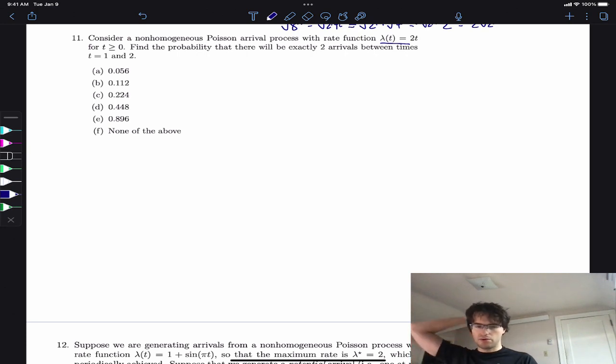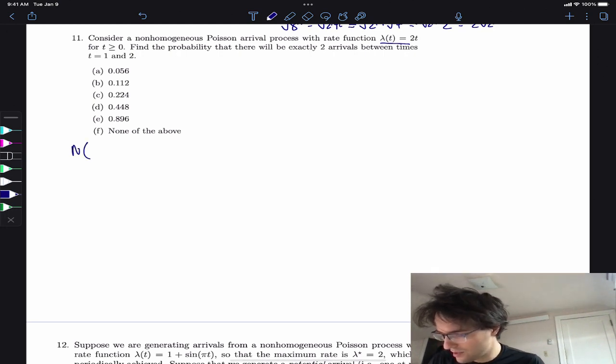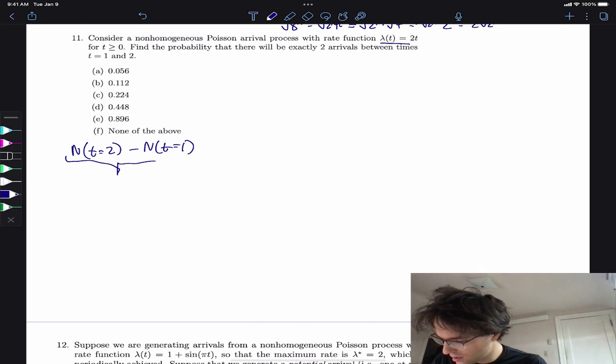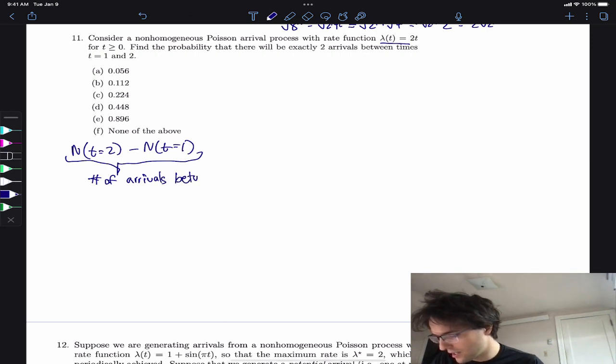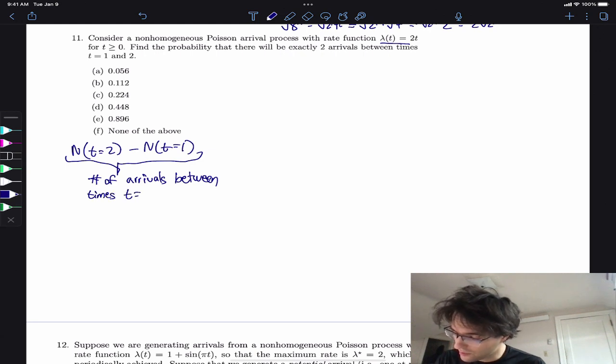Well, what you first want to do is look at the number of arrivals between times t equals 1 and t equals 2.